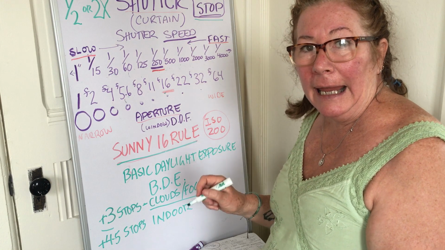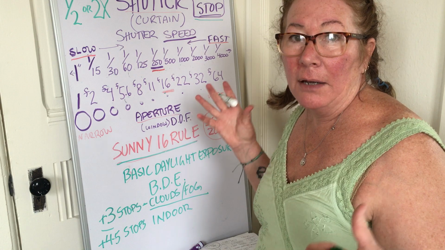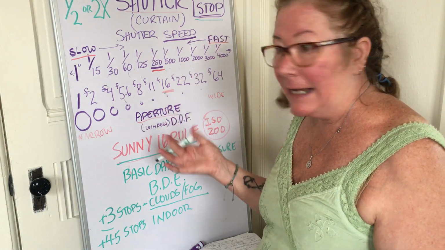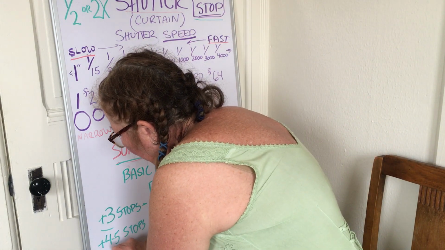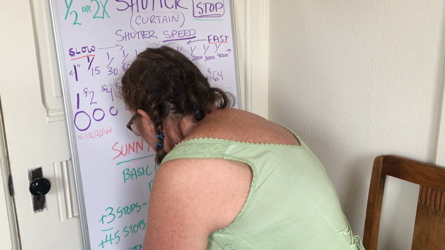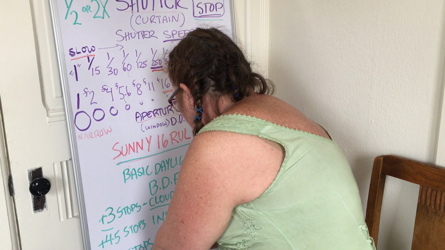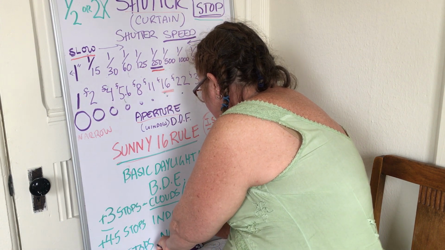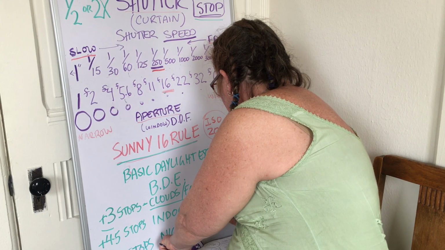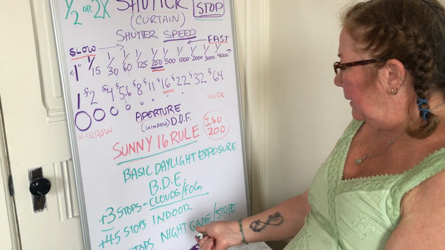If you're doing a night game or, say, a night street scene where there's a lot of lights from street lights and buildings, but it's definitely dark, it's nighttime, you want to have 6 stops more light.